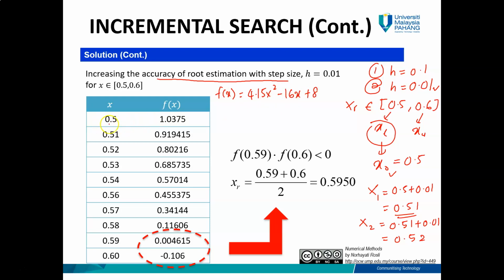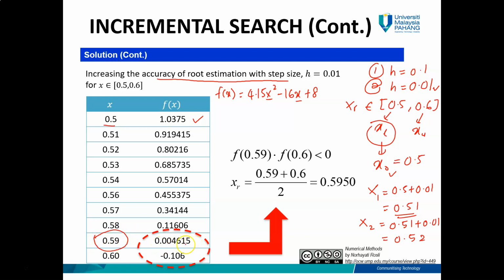So when x is 0.5, substitute 0.5 in this function, then you use your calculator, you get 1.0375 as the solution.